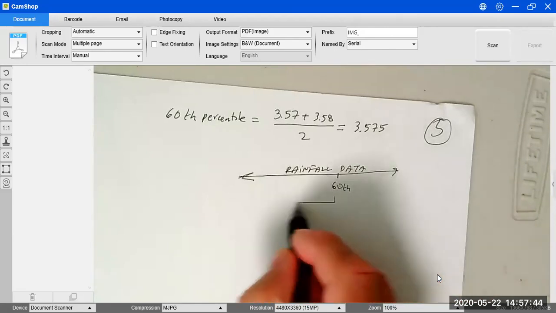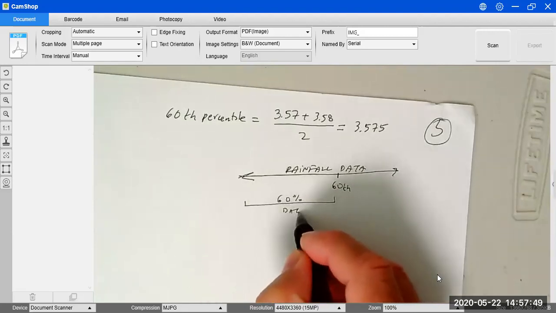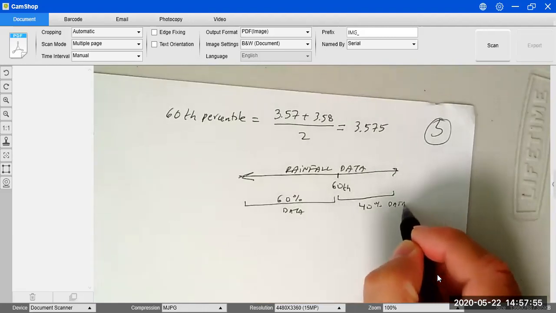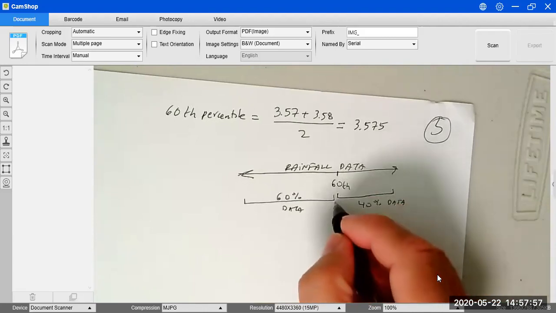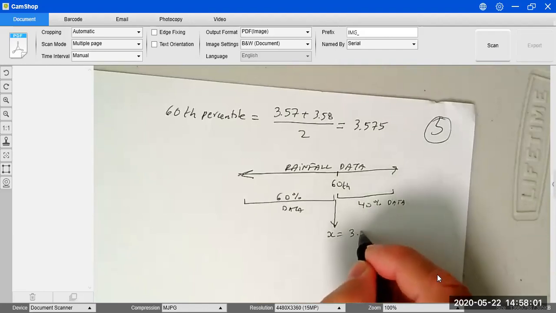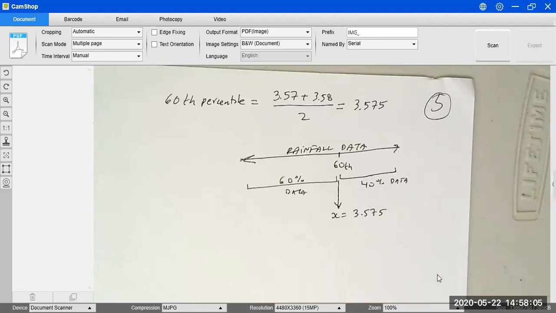So we have 60% of the data here, and we have 40% of the data here. Then the value that separates this list into parts, this value is 3.575. So that's the meaning of computing a percentile.